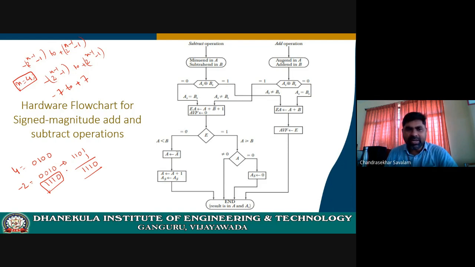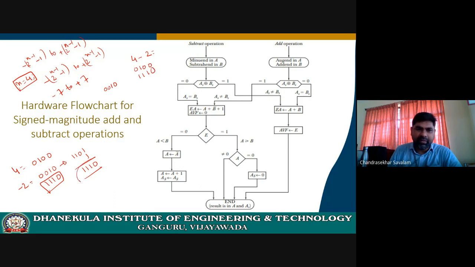So we have already studied these representations. Anyway, for your understanding, I am taking the example 4 minus 2, first case. So simply 0, 1, 0, 0. What is 2 here? 0, 0, 1, 0. What is the 2's complement? 1, 1, 1, 0.